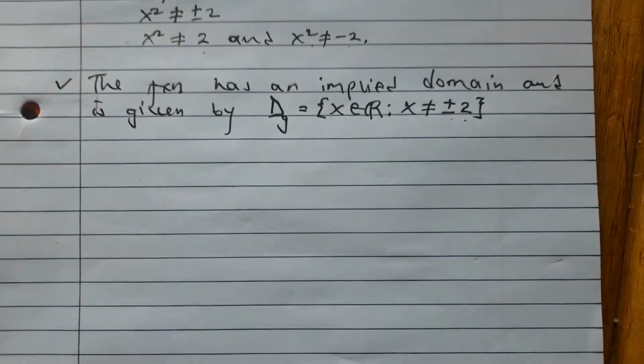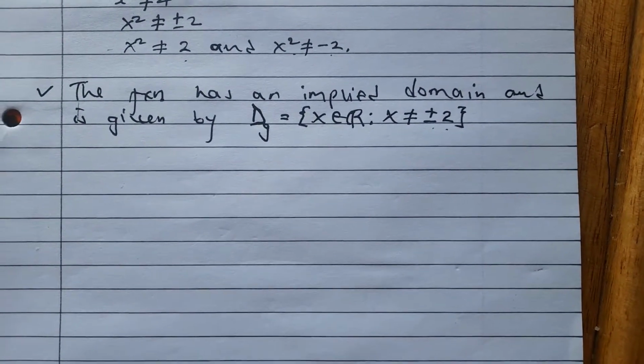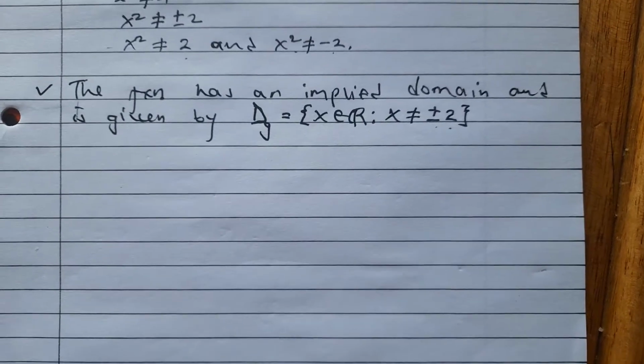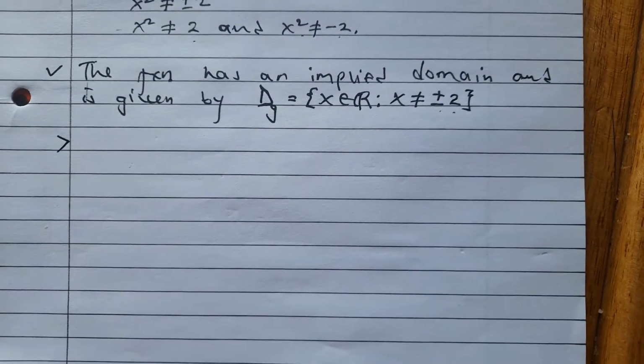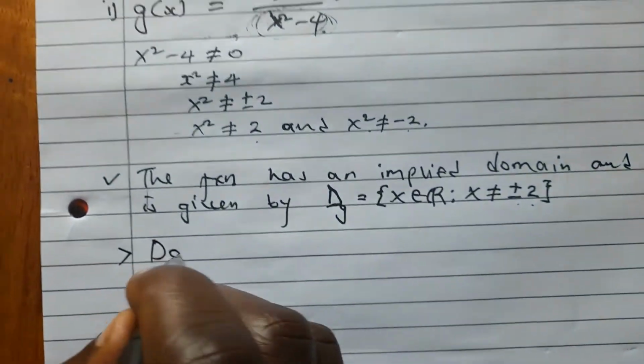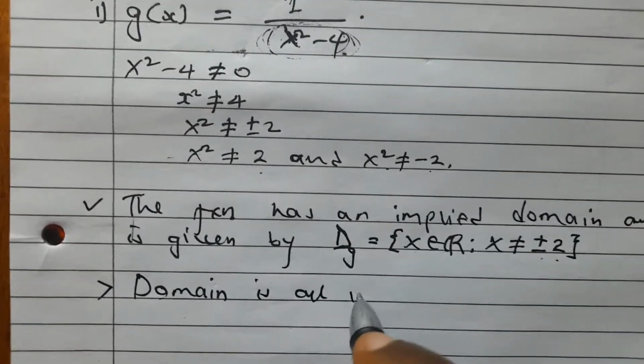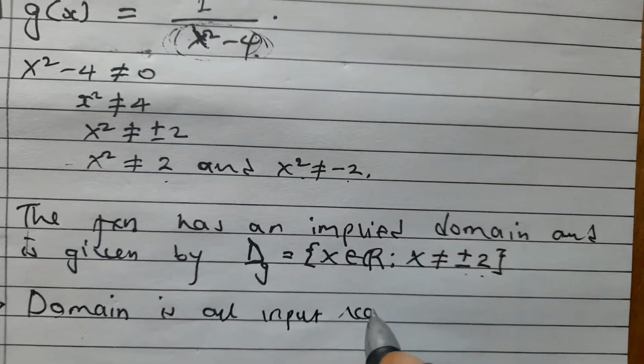So let's generally discuss the domain and range in layman's terms and get to understand it better. So basically we can say the domain is all input values.